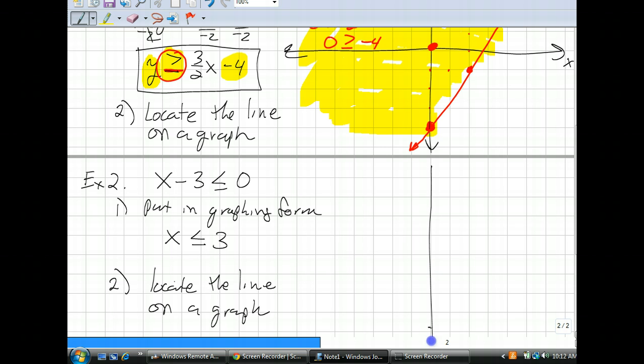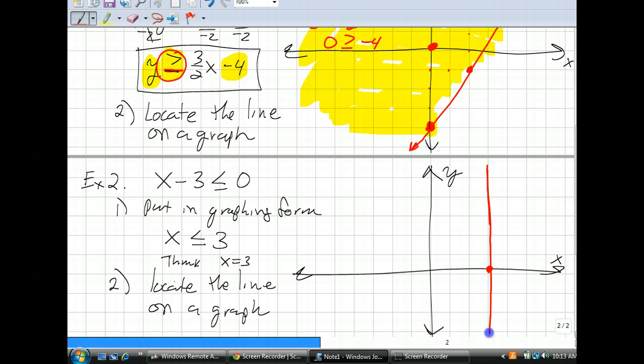Right, so let's do our xy coordinate plane. So this is my x, this is my y. So I go to x equals 3. So I think of the equation x equals 3. Right? So that's 1, 2, 3. x equals 3 is a vertical line. And because it's less than or equal to, I make a solid line.